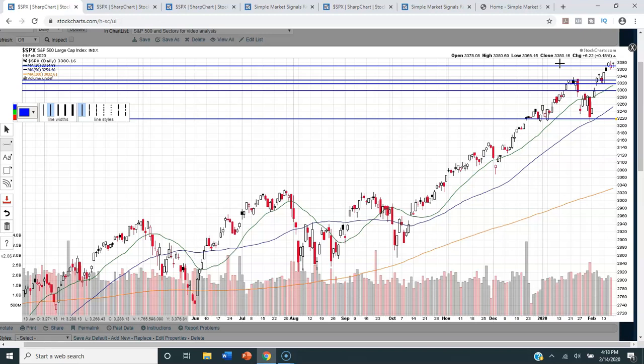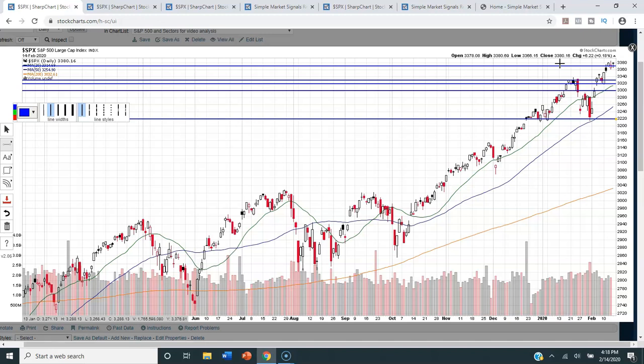So 3380.16 minus 3032.61 is 347.55 points above the 200-day moving average. We divide that by the 200, and we're sitting at 11.46% above the 200-day moving average.